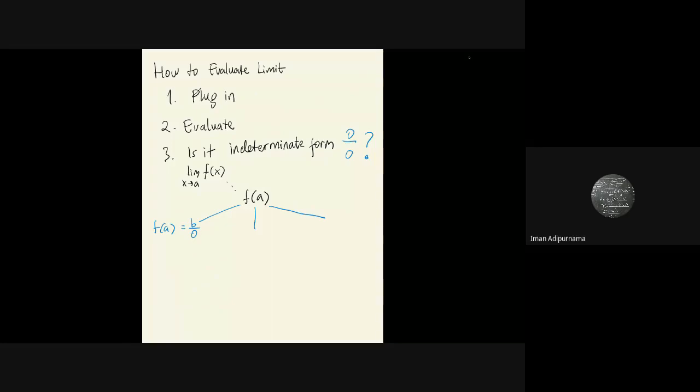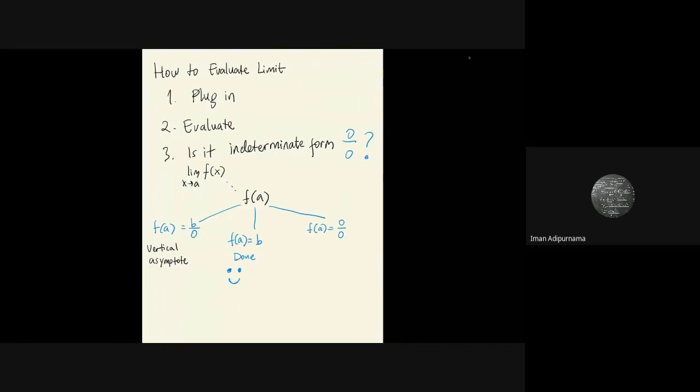In this case, you may have a vertical asymptote. The second case, you just find the number, then done. Everyone happy. And the third case is 0 over 0.